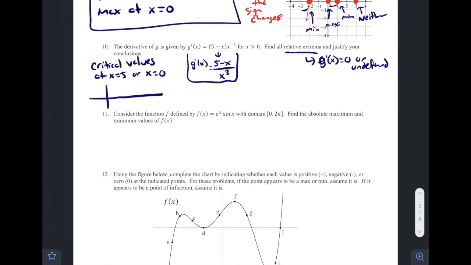So our sign chart, we have x and g prime of x. We just want to see how the derivative is changing signs so that we can identify that extrema and justify our conclusions. We've got 0 as one of our values, we've got 5 as the other value, and we know that the derivative is undefined at 0, and it is 0 at x equals 5.